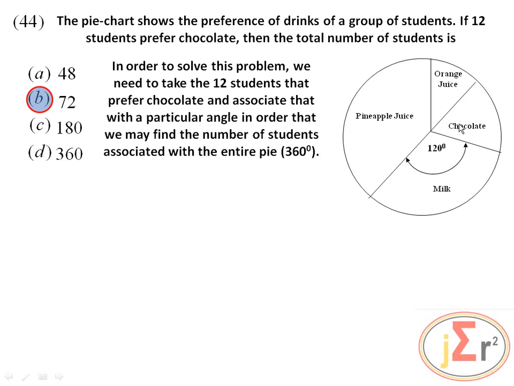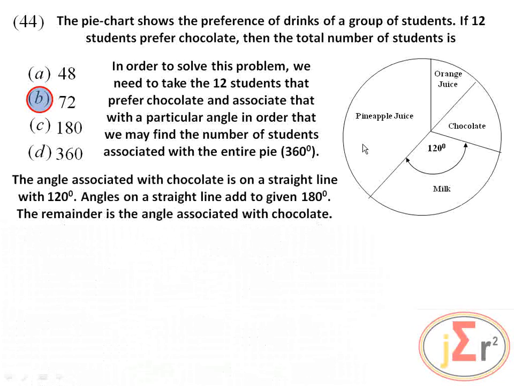If we have an angle associated with the 12 students, then we can tell the number of students in the entire pie, because we already know that the angle of the entire pie is 360 degrees. The angle associated with chocolate is on a straight line with 120 degrees.